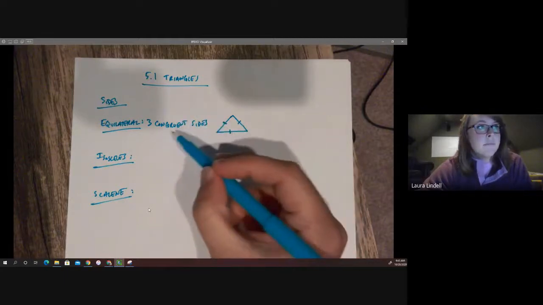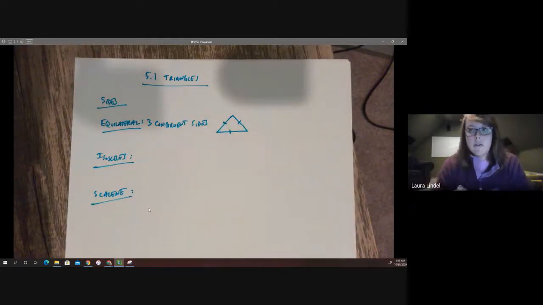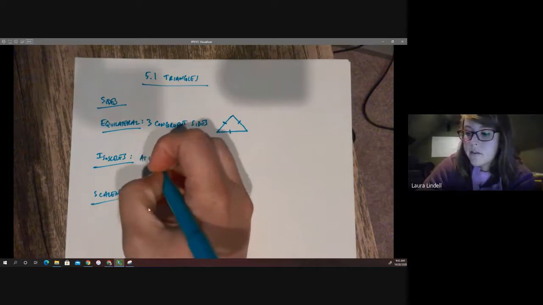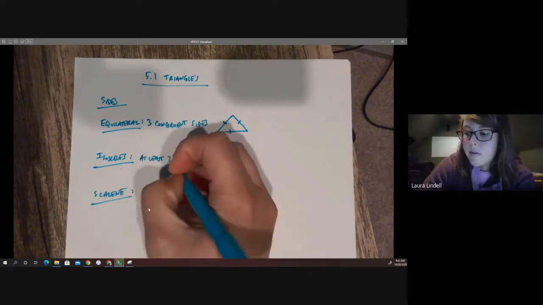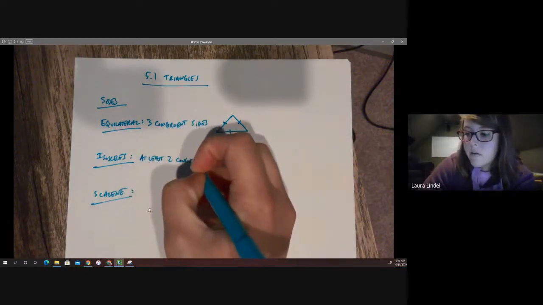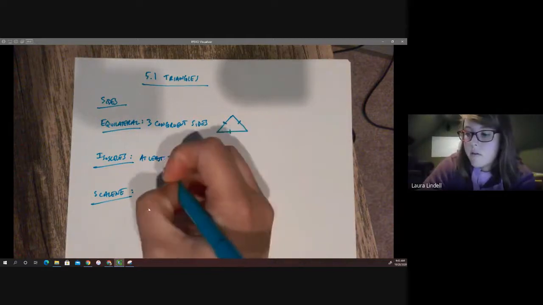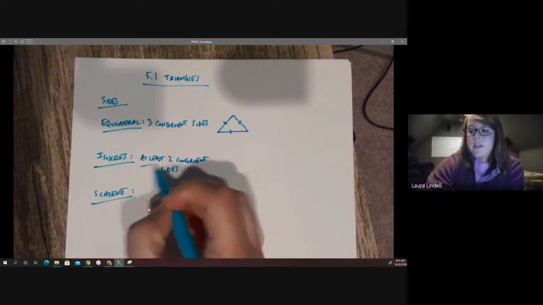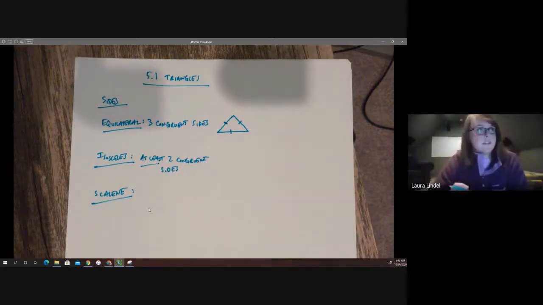That's what we're picturing when we see equilateral. Three congruent sides. Okay, then isosceles is at least two congruent sides.